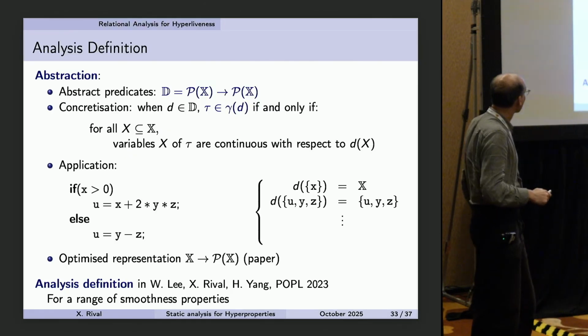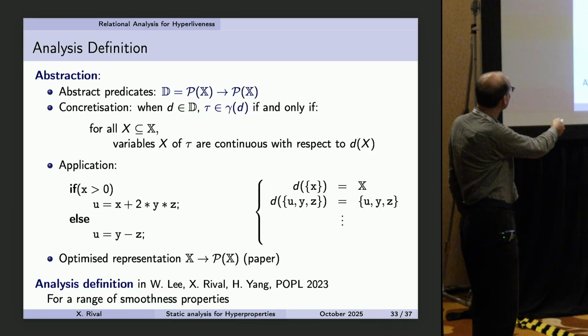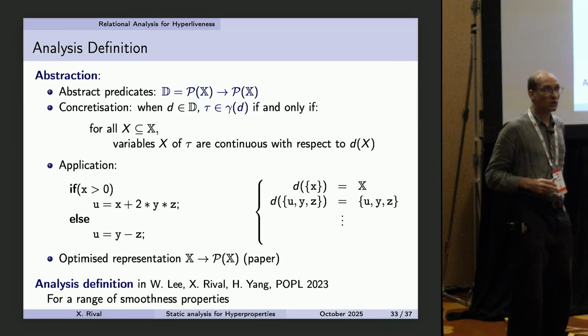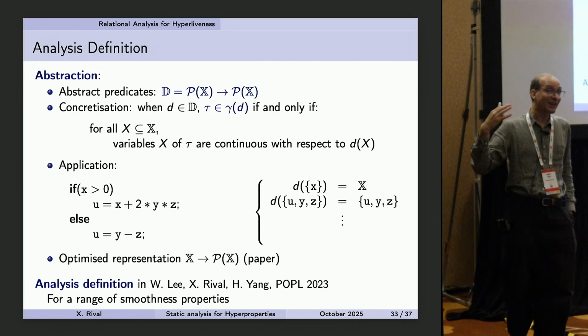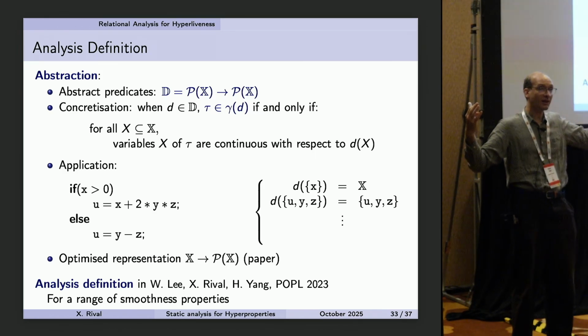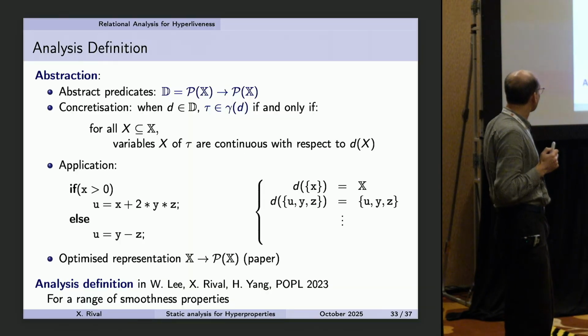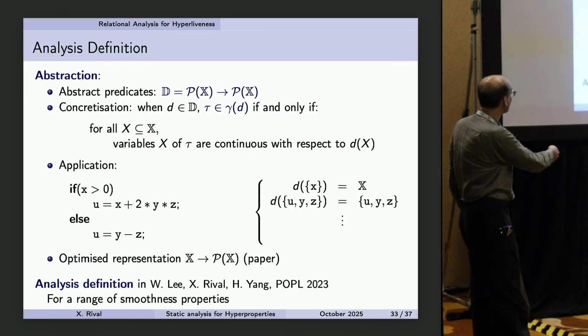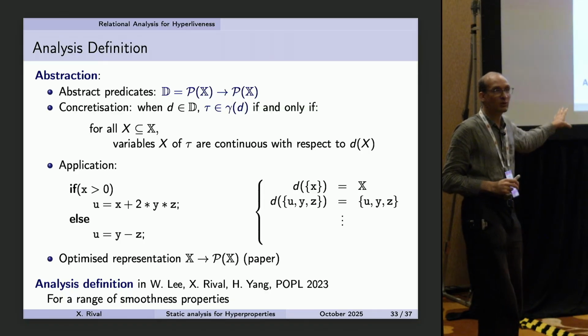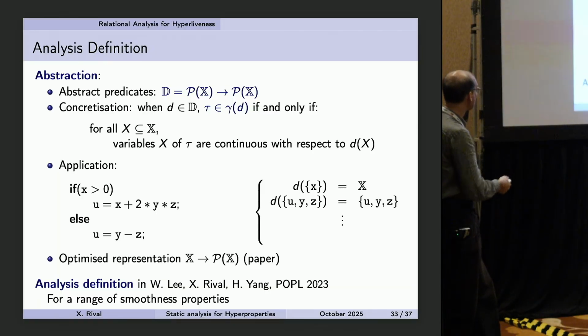Well, essentially, we are going to use an optimized version of this abstract domain, which is essentially functions from sets of variables to sets of variables, and which is going to say for each set of variables with respect to which set we are continuous. Okay? Actually, there is a very non-trivial optimization which allows us to save a lot of memory and to go from this to x to p of x. I cannot give intuition in a few minutes, so I just refer to the paper for that.